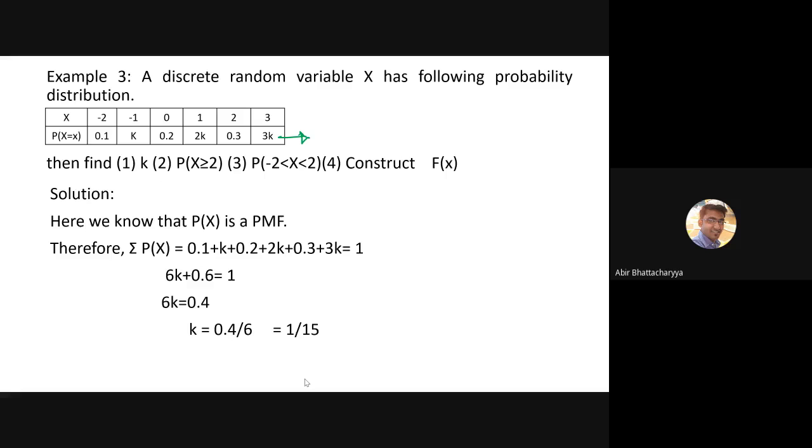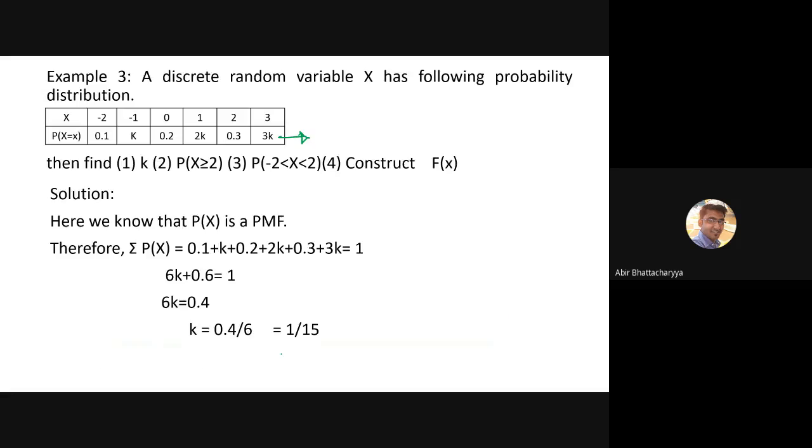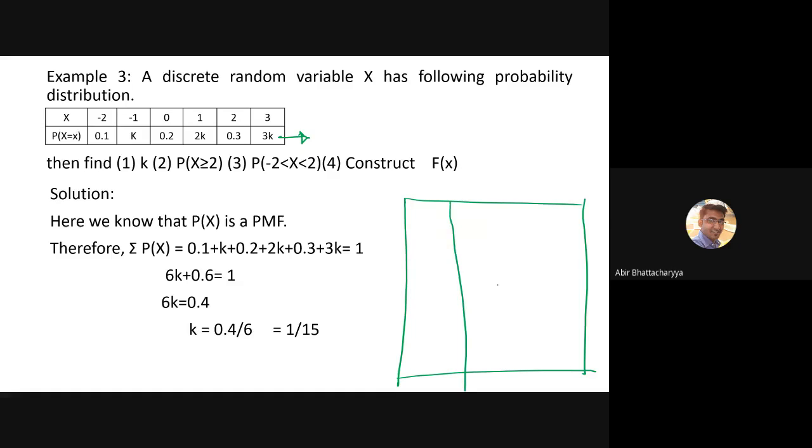Okay, so 1 by 15. I think I calculated it wrong here. So it should be, I will do it here. So x equals minus 2, minus 1, 0, 1, 2, 3.